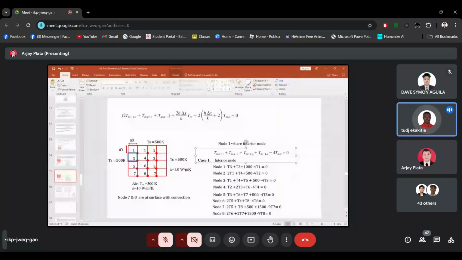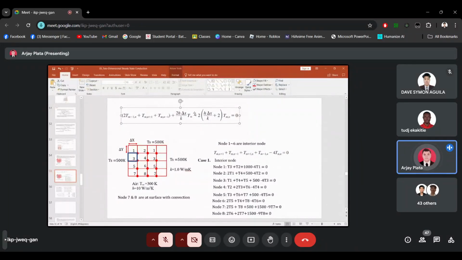Yes, Paul. Then what about the 97 and 98? Yeah, because we have here the equation, this one, for case 3. So the value of 9 is from here. We have 2 times h delta x over k, which is equivalent to 2.5, because the value of h is 10, the value of delta x is 0.25, and the value of k is 1.